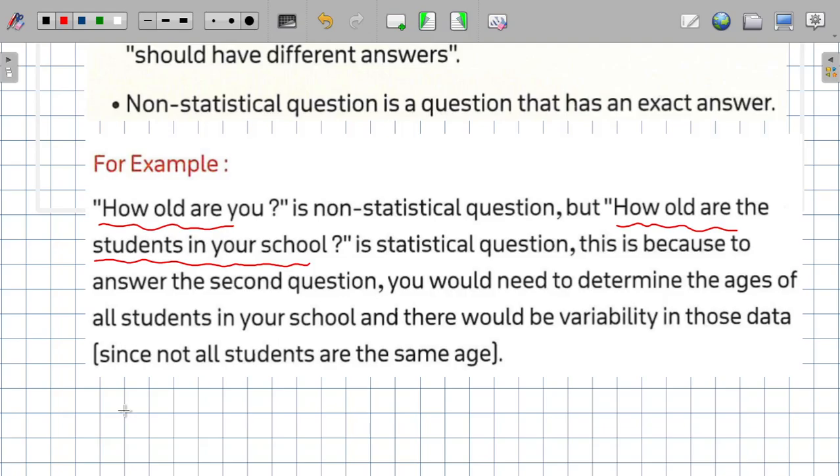I have many different answers. But for the first question, I asked one student, so I have only one answer. So this is a non-statistical question. In conclusion, statistical questions have different answers, but non-statistical questions have only one answer.